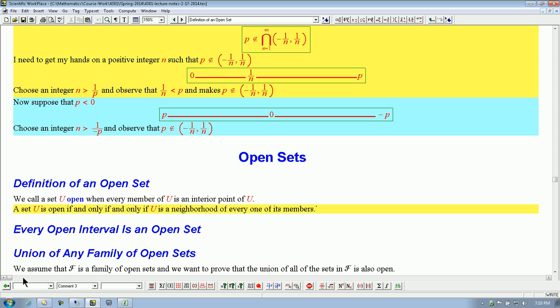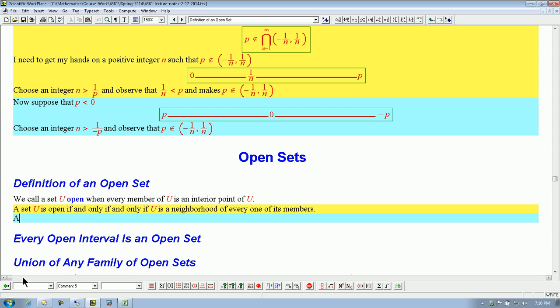I'm going to put it yet another way. The condition for a set U to be open, this is easier to read, is that for every x in U, the number x must be an interior point of U. Do you understand?